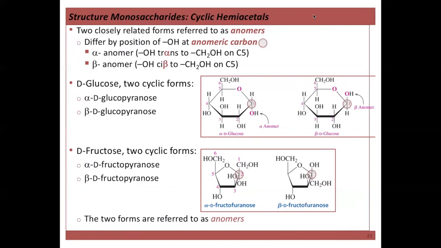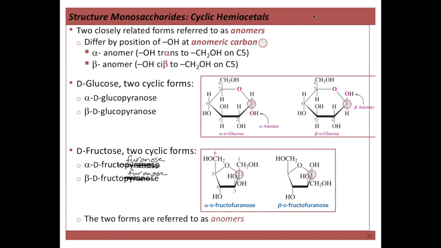I just realized I have another mistake on here, so we'll correct that. It can exist in the 5-membered ring, which we all know is a furanose. And in the 5-membered ring, it can exist as the alpha anomer, again with the OH at the anomeric carbon pointed down, or the beta anomer with the OH pointed up.